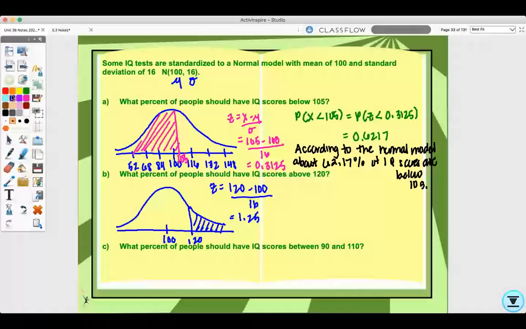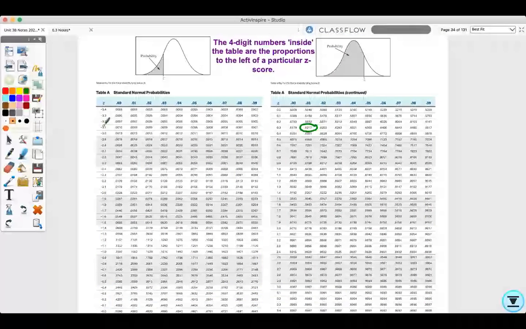So the proportion of x is greater than 120 would be the same, when I standardize it, as the probability that z is greater than 1.25. And this would be 1 minus, because it's to the right instead of to the left. And we would have to go look on our table at 1.25.